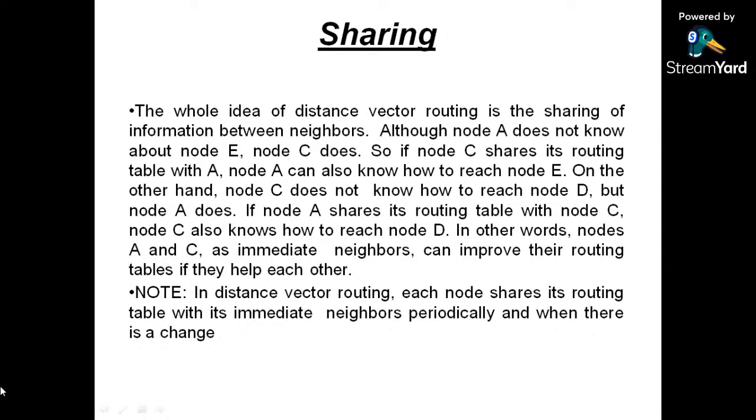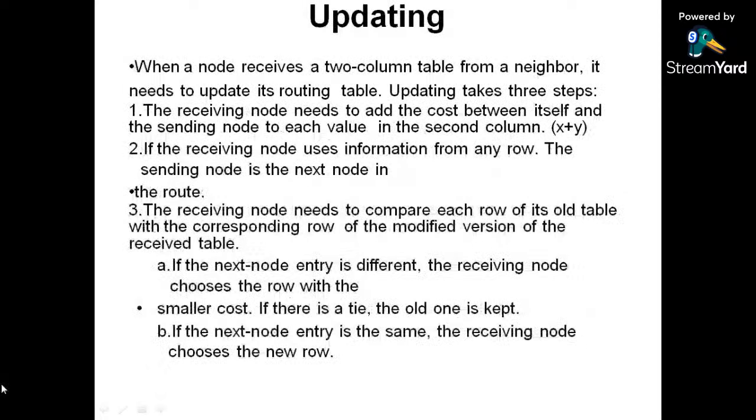So let's further see how we can find the shortest distance. Now, updating. When a node receives a two column table from a neighbor, it needs to update its routing table.